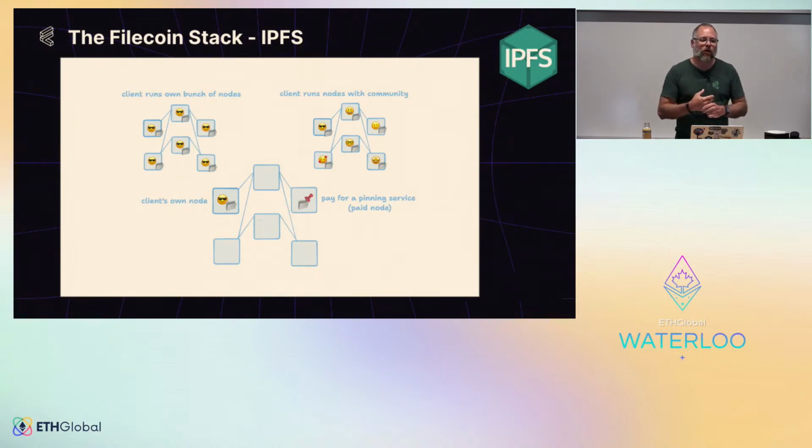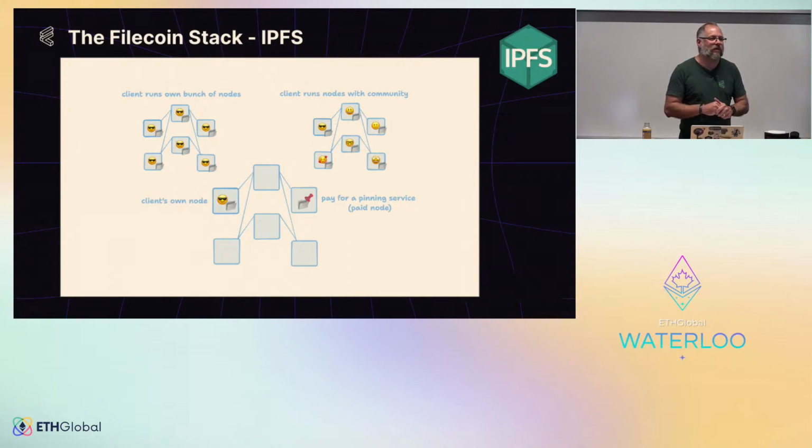Another approach is you can run nodes with a community. You can get a whole bunch of people within your community that are all running nodes as well. So collectively between you, you are storing that data and there's no single point of failure. But again, this relies upon your community to all be storing that data. And then another one is the client using a pinning service.